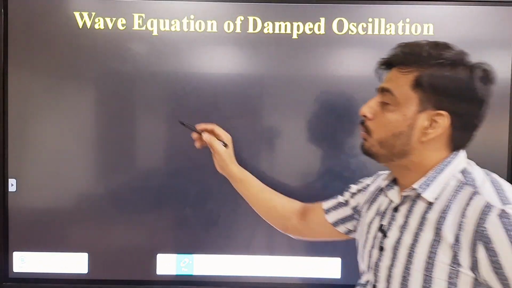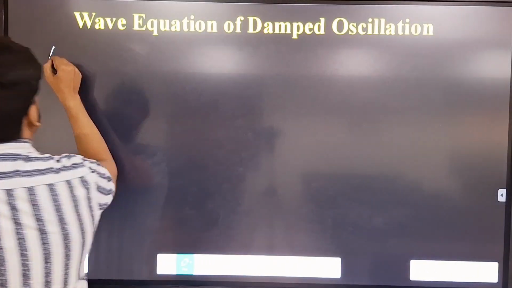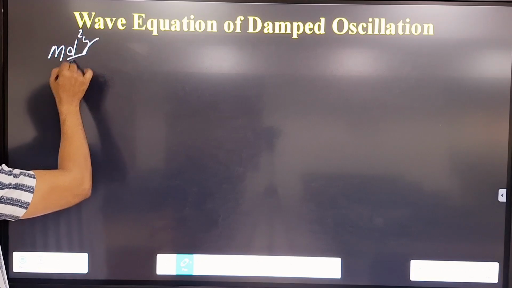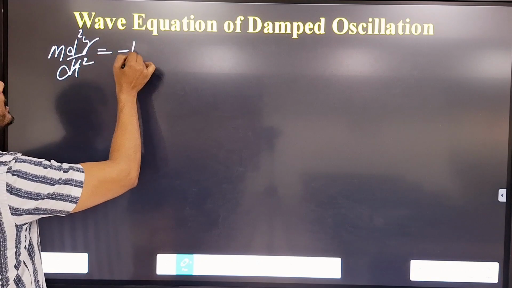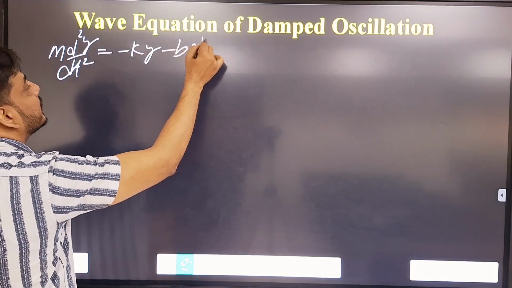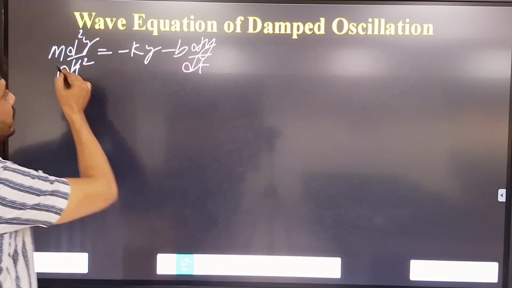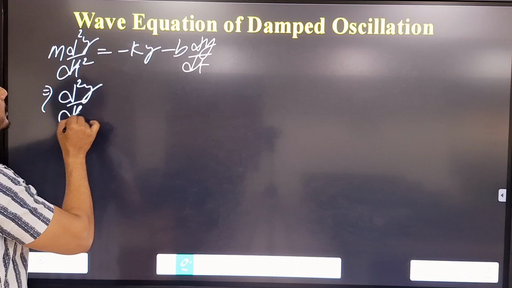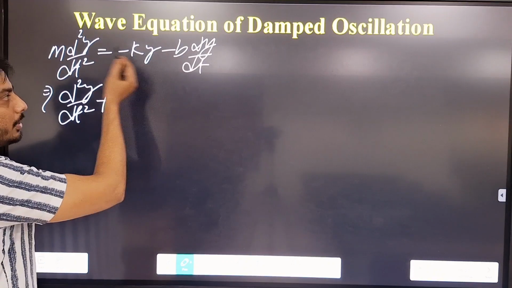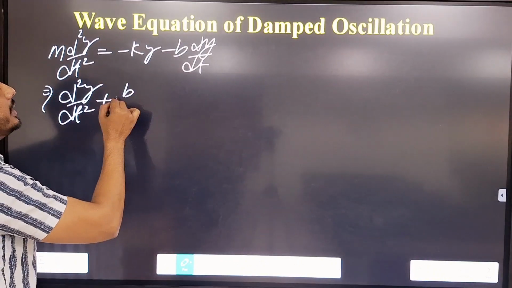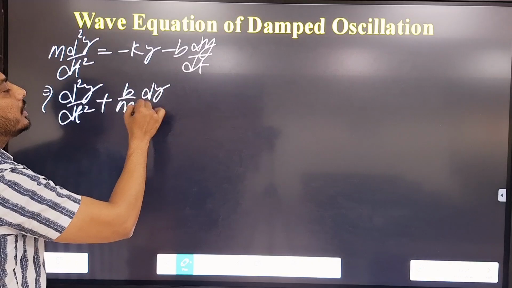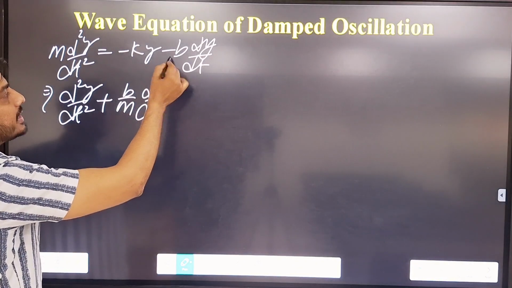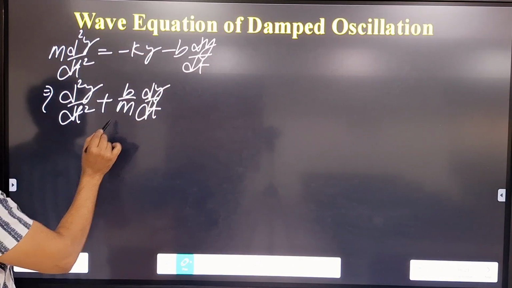See here. When we have m d square y by dt square equals minus ky minus b dy by dt, we can divide each term by m. So this will be d square y by dt square plus, if we take it to the left hand side, b by m dy by dt, because here it is negative, and if we take it to the left hand side it will be positive.